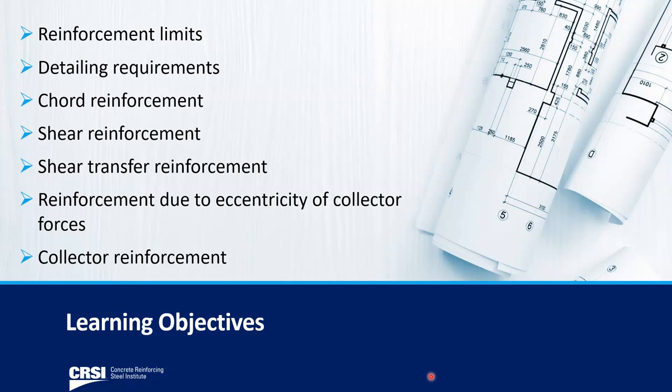So we're going to show some real basic information on how to determine chord reinforcement, shear reinforcement, most importantly the shear transfer reinforcement, and collector reinforcement as well. So at the end of this, you'll have a general idea of, especially for cast-in-place steel reinforced structures. So that's our learning objectives for today.